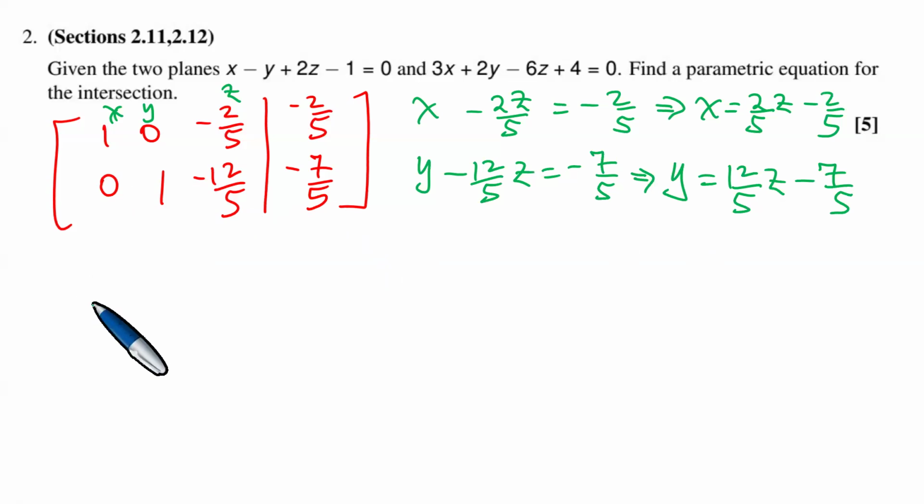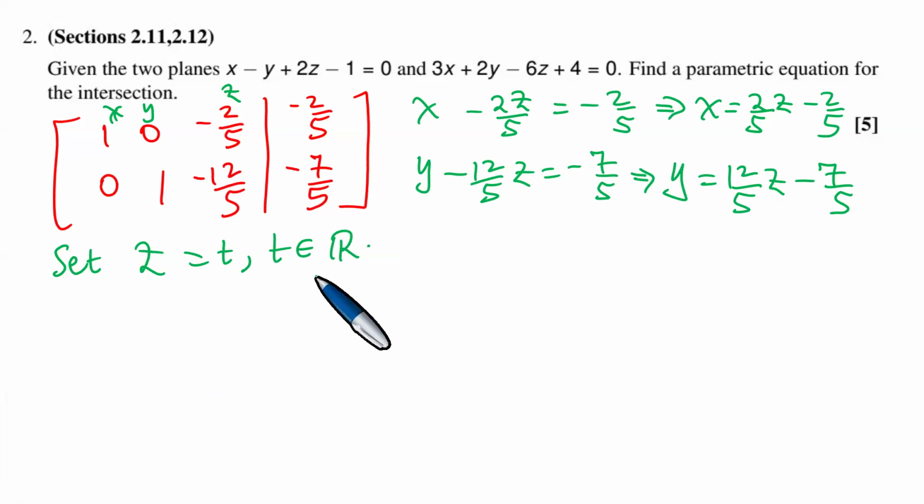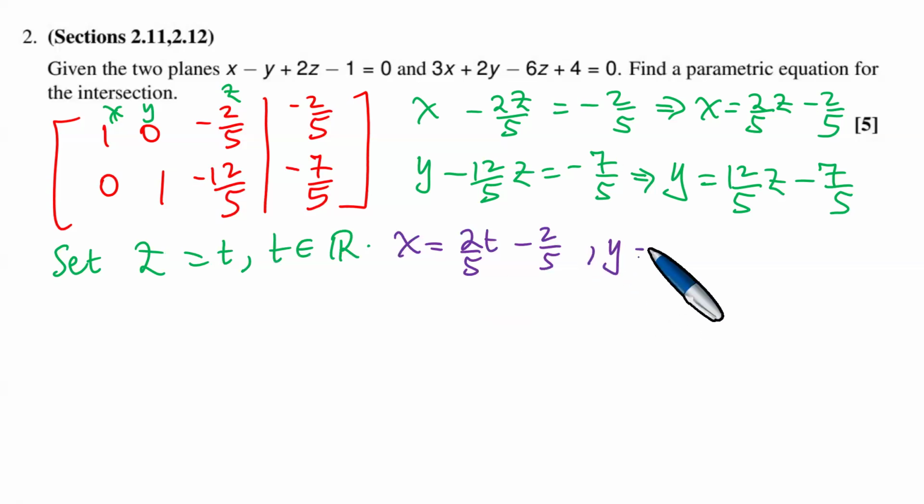So let's set z equal to t, a parameter, where t is an element of R. If we do that, x is going to be 2 out of 5 t minus 2 out of 5, and y is 12 out of 5 t minus 7 out of 5, and z equals t.